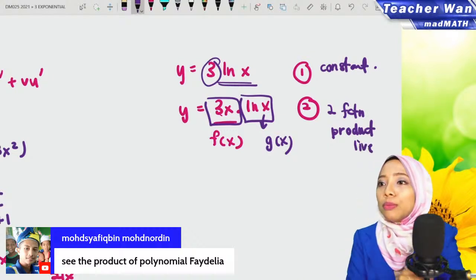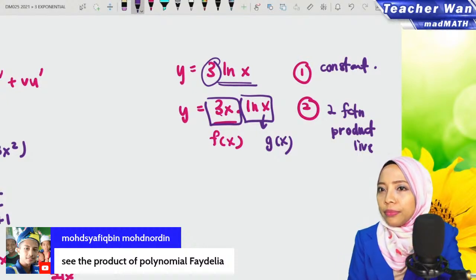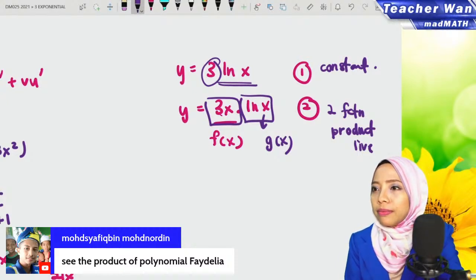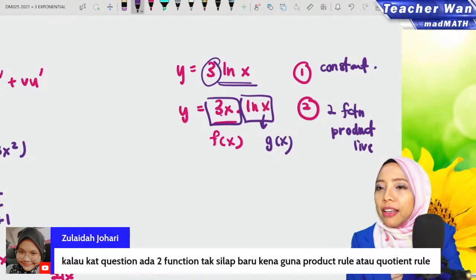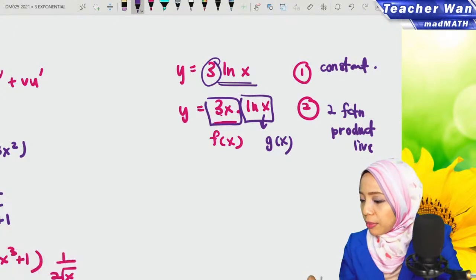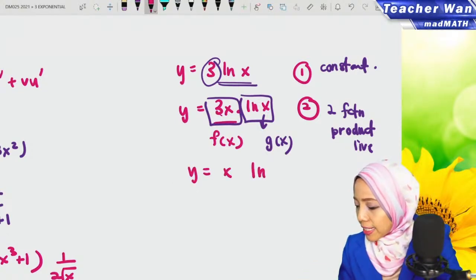Thank you so much. If the question has two functions, you have to use product rule. Yes. I ask one more: how about if given y equals x ln x?